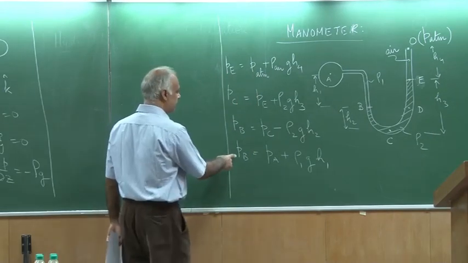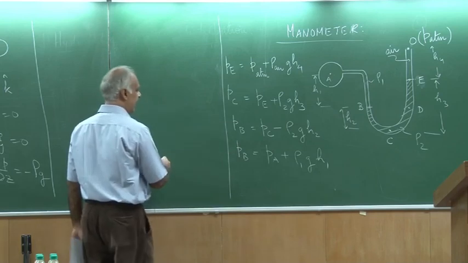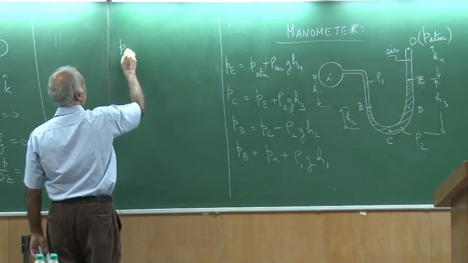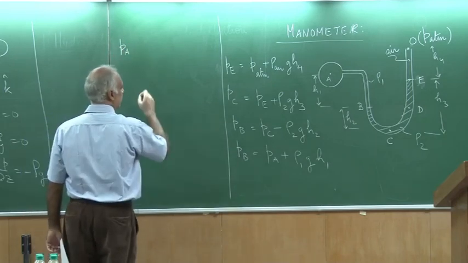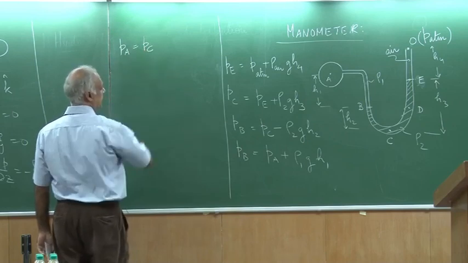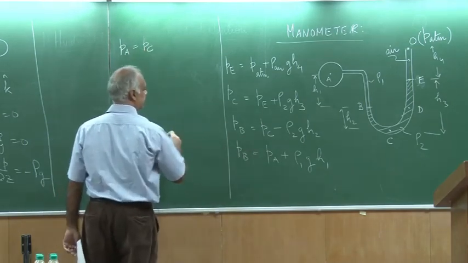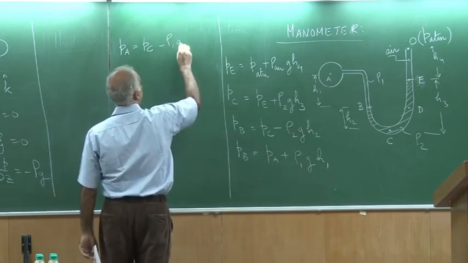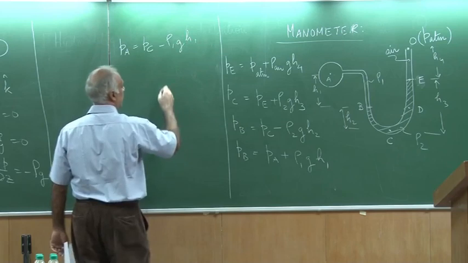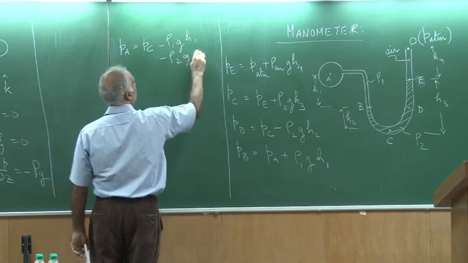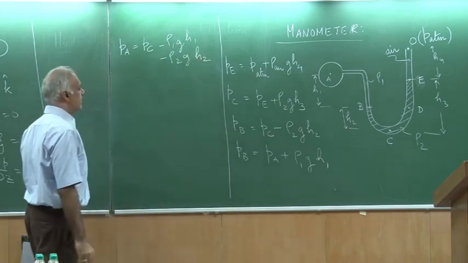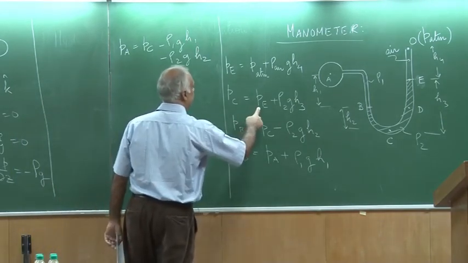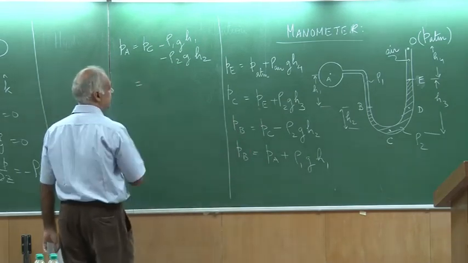We can now substitute for these different equations. So, I have PA equal to PC minus rho 1 G H1 minus rho 2 G H2. But PC I already know is this quantity over here. So, let me substitute for that.